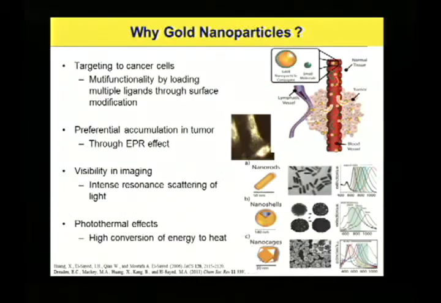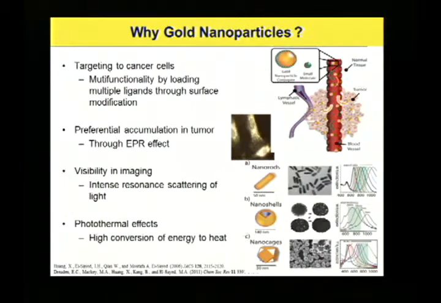Next. Now we have 3 different gold nanoparticles. Gold nanoparticles actually have a lot of advantages. They have very intense resonance scattering of light, so we can visualize them very well. And for the therapeutic effect, there is a very high conversion rate of energy to heat, so even with small energy, you can maximize the effect and kill the cells.